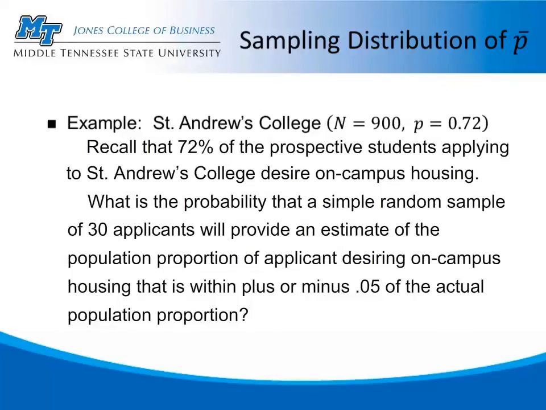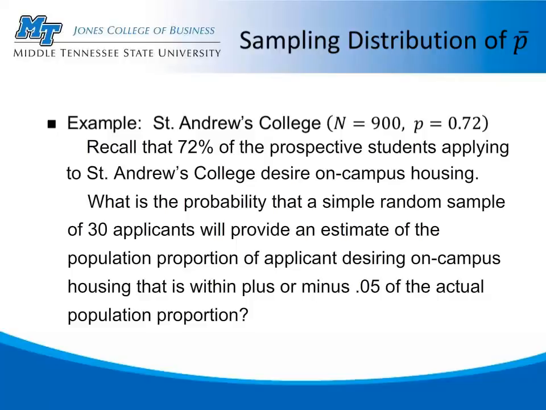Now back to our St. Andrews College example, but now we're dealing with qualitative data. We have a population of 900. The population proportion was 0.72. 72% of them said that they wanted to live on campus.